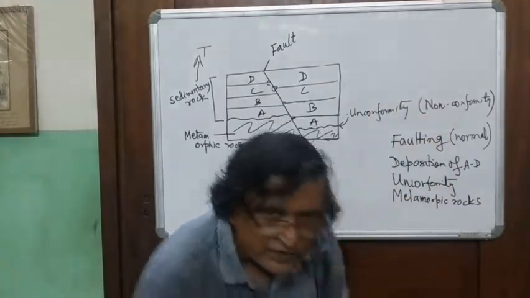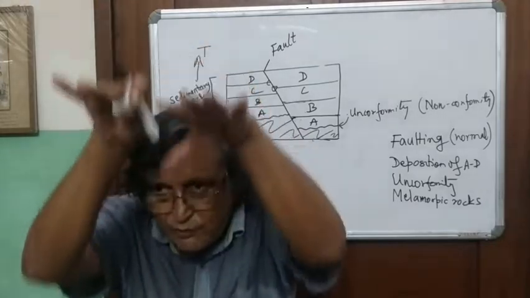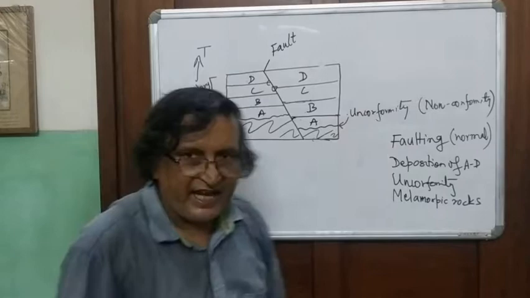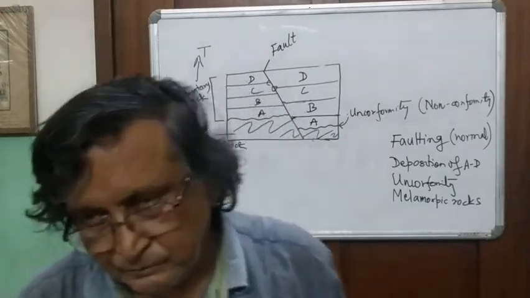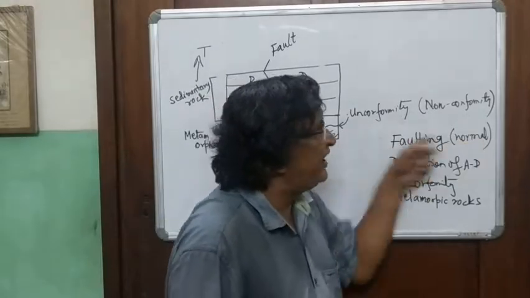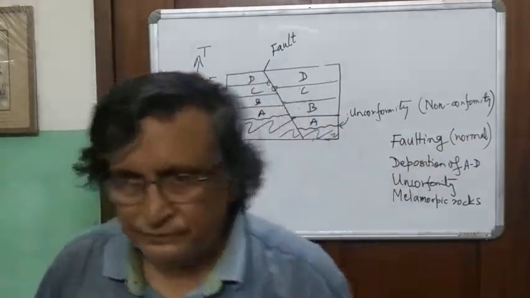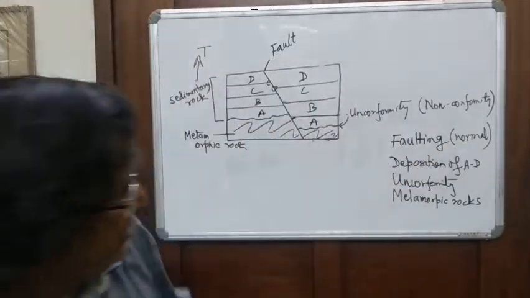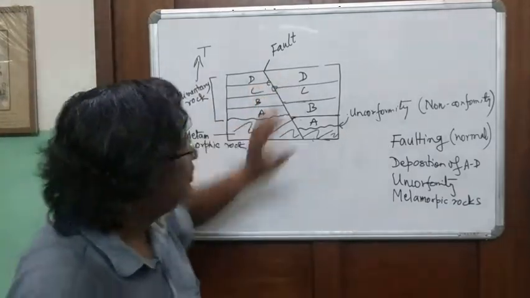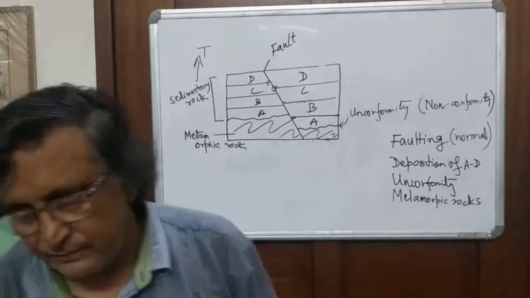Then the sequence went down, a vertical movement of the crustal section, and you deposited sediments A to D. And then the whole thing was faulted. So this is the relative scheme of things that gave you this set of rocks.